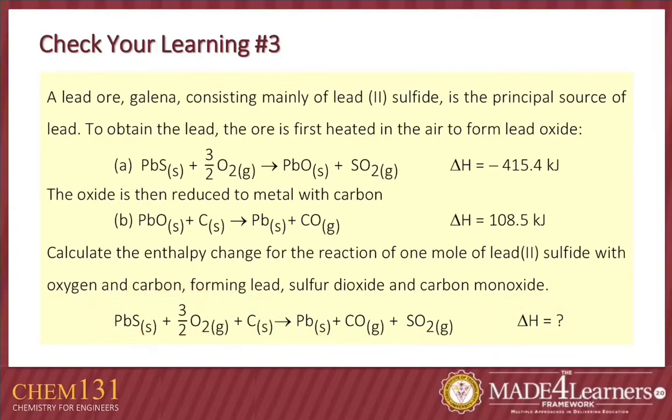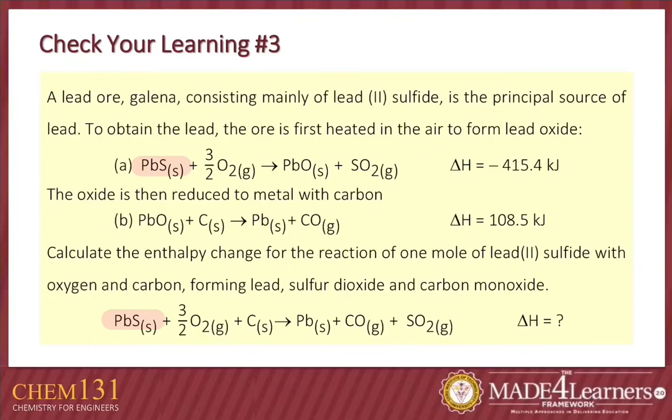So, let's look at the reactants. In the final equation, the reactant is lead sulfide, of course, we have to base it on equations A and B. So, lead sulfide in equation A is on the reactant side.